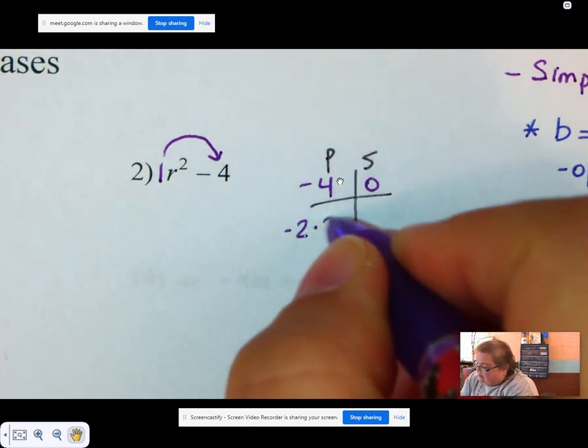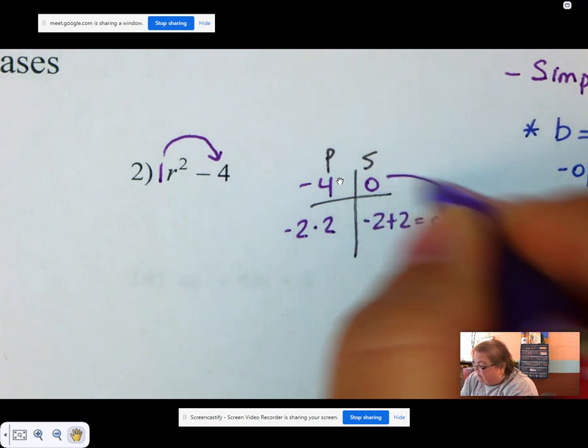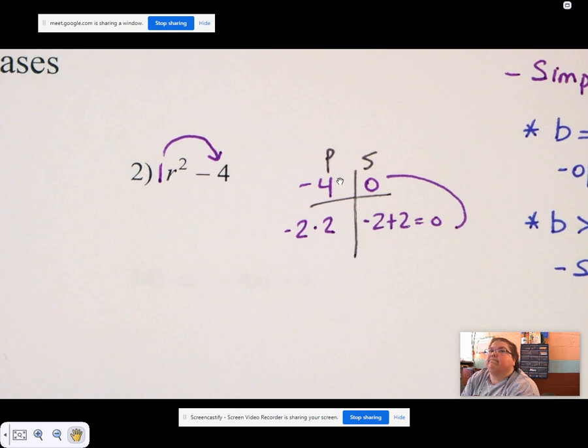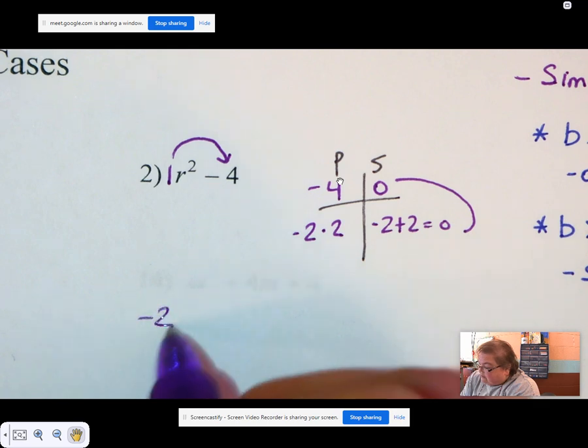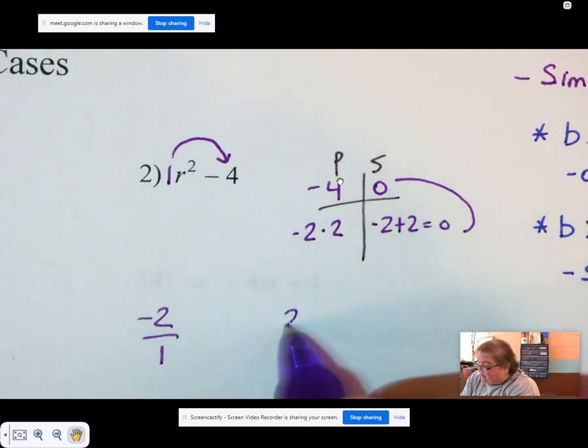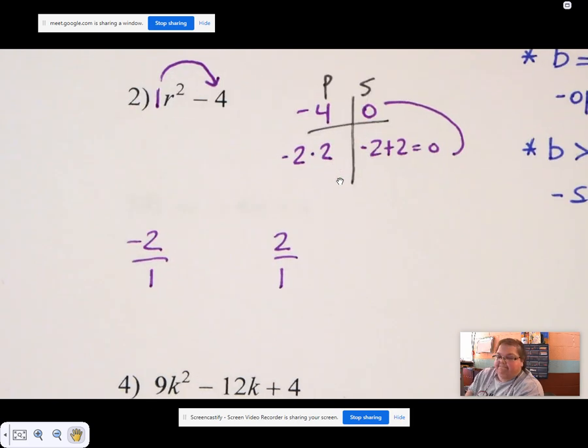Negative 2 times 2. Negative 2 plus 2 is 0. There it is. Okay. Negative 2 over 1, positive 2 over 1. They do not simplify, because remember, it has to be a fraction, because I have to have my constant over my coefficient.